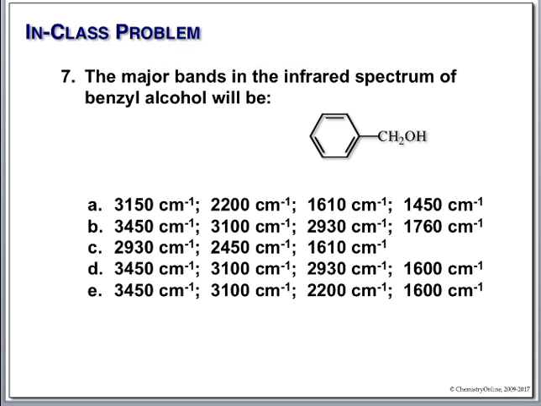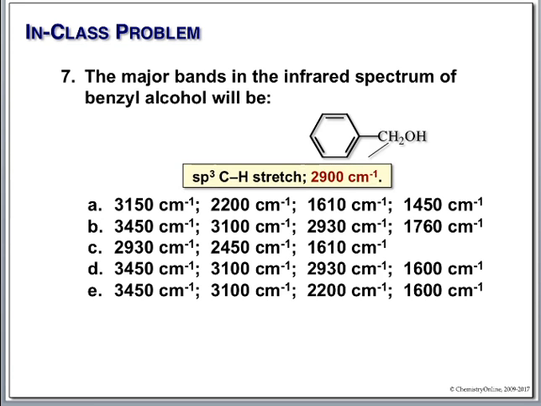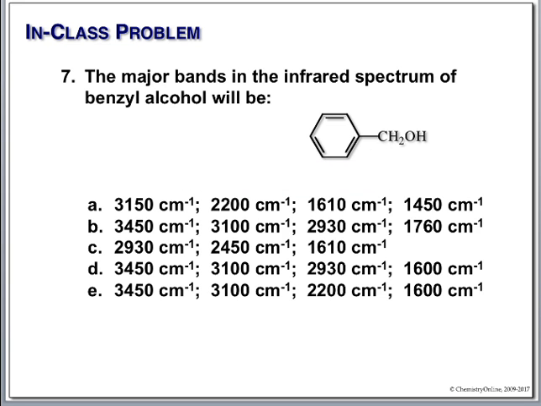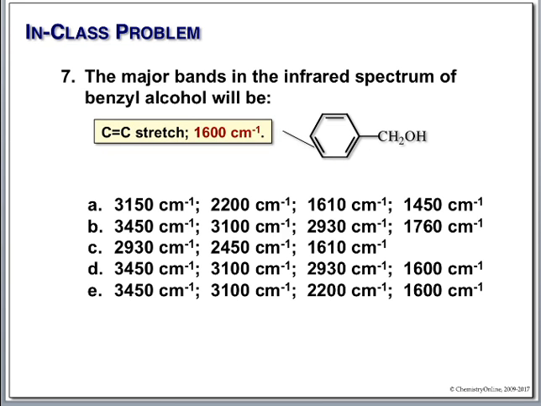On the low side of 3,000, we would get our sp cubed CH. Typically, we get a band or two right around 2,900. Again, that's a simple sp cubed CH stretch. And the last thing that we would look for here would be our carbon-carbon stretch. And those typically occur around 1,600.